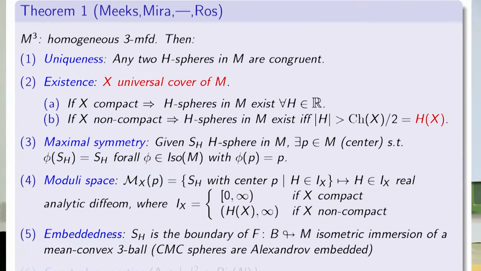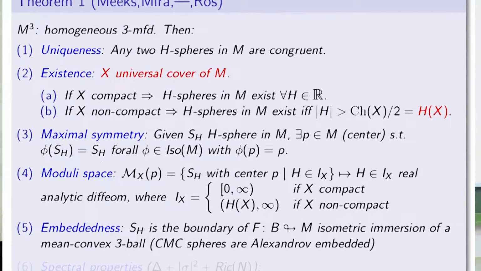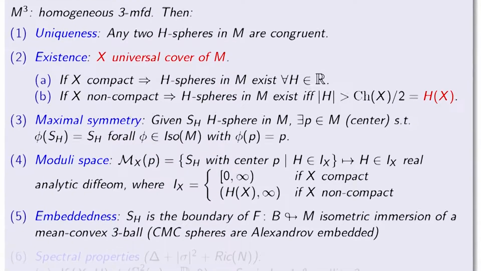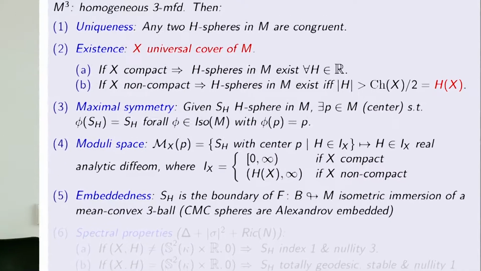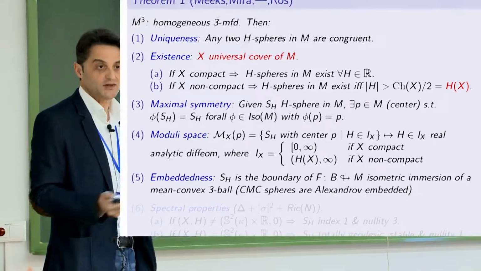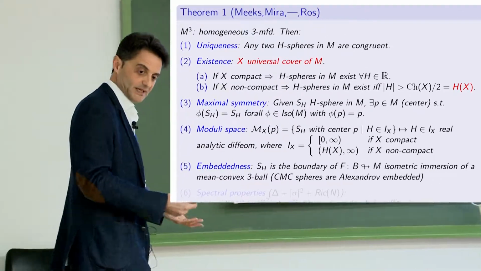Okay, about embeddedness. Are constant mean curvature spheres embedded in general? Well, in general, not. You have counterexamples. In certain examples of homogeneous three-manifolds, in Berger spheres, for instance, okay, you have values for the mean curvature for which the constant mean curvature sphere of that value, that is unique up to congruencies, is not embedded. So you cannot expect anything like that.